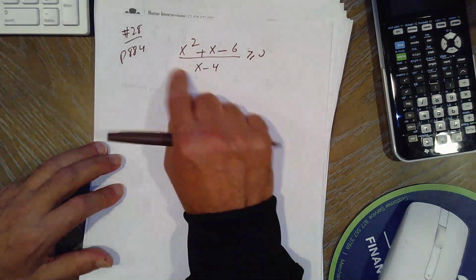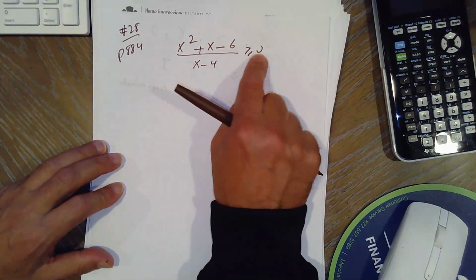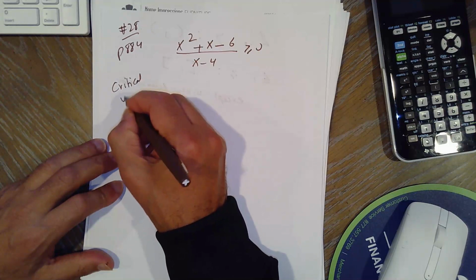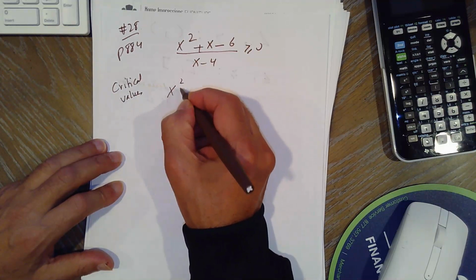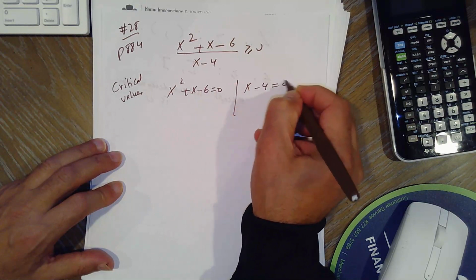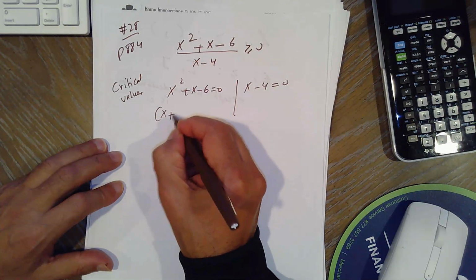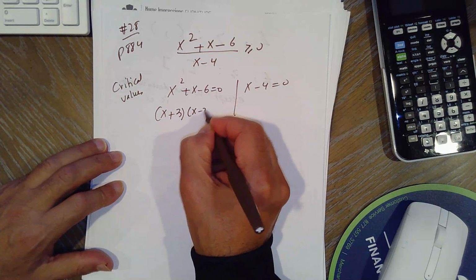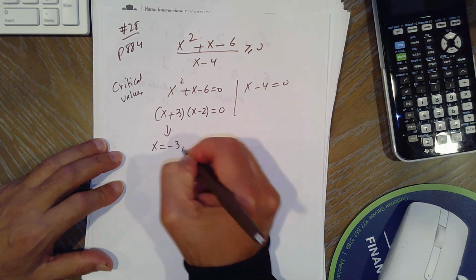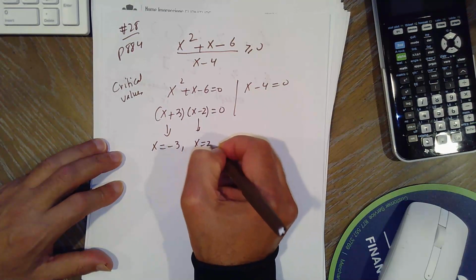Okay, so we have standard form because we have a single fraction and a 0. To find the critical values, we set the top equals 0 and the bottom equals 0. This is factorable, x plus 3, x minus 2. So x equals negative 3 and x equals 2.